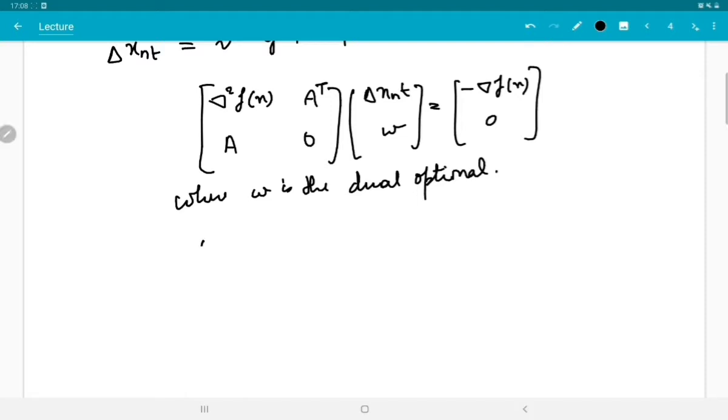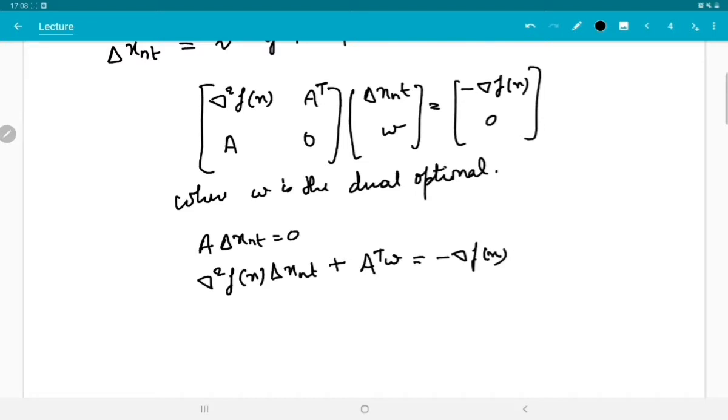We have A delta x_nt equal to 0, and we have del square f(x) delta x_nt plus A transpose w equal to minus del f(x). This is just the expansion.